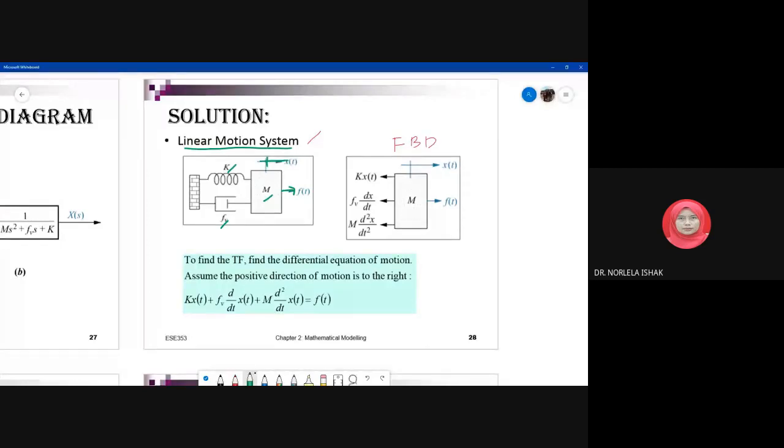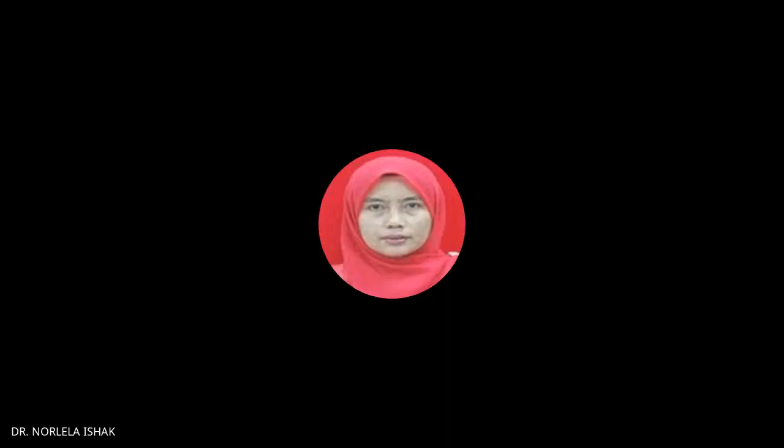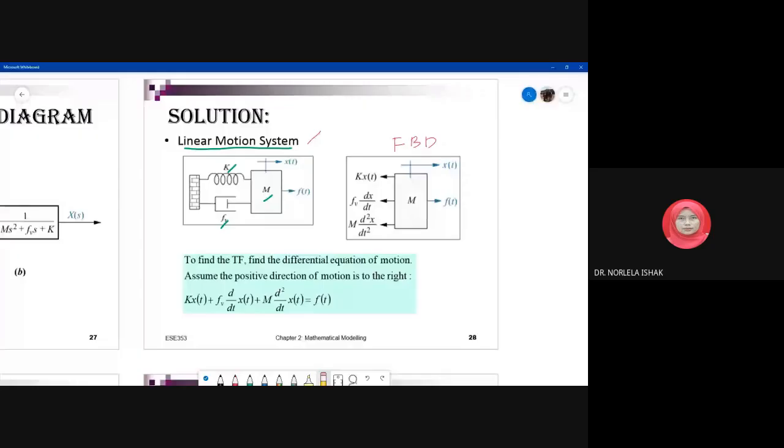We apply the force to the right, so of course the movement or the displacement is also to the right, following the position where we apply force.